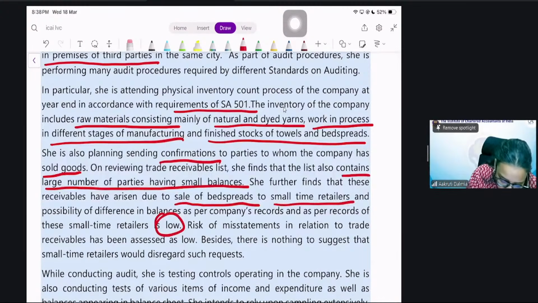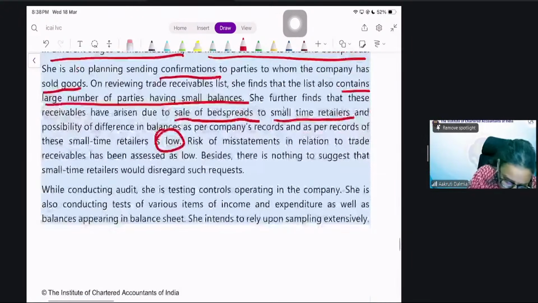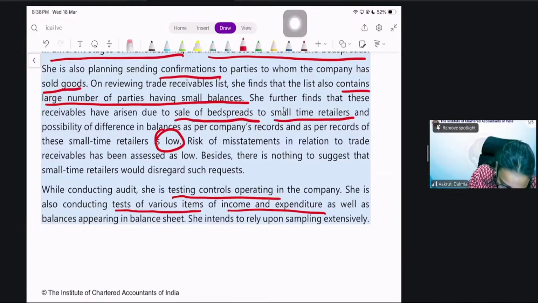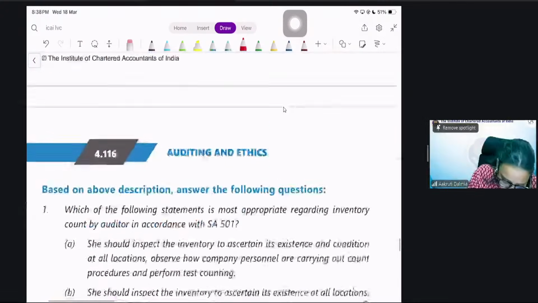Risk of misstatement in relation to trade receivable has been assessed as low. Besides, there is nothing to suggest that small-time retailers would disregard such requests. While conducting the audit, she is testing controls operating in the company. She's also conducting tests of various items of income and expenditure, as well as balances appearing in the balance sheet. She intends to rely upon sampling extensively.